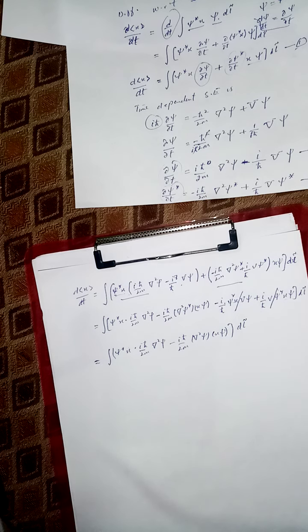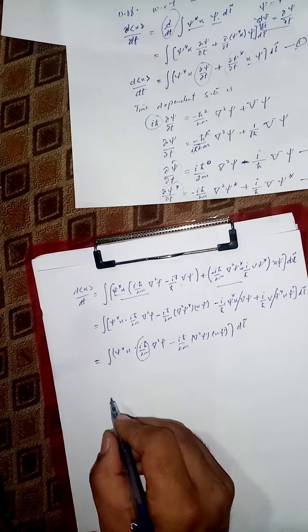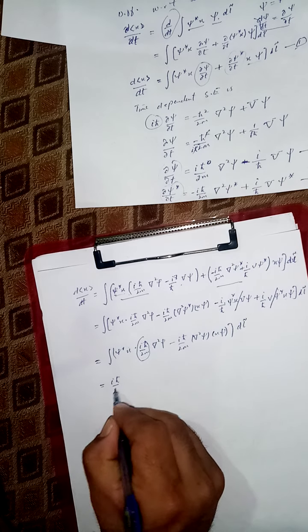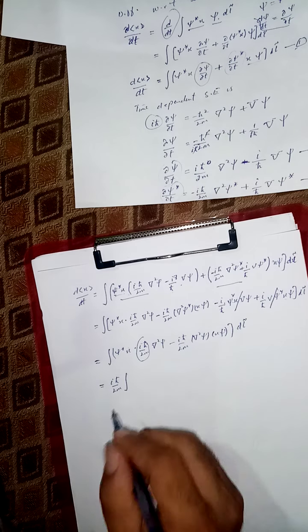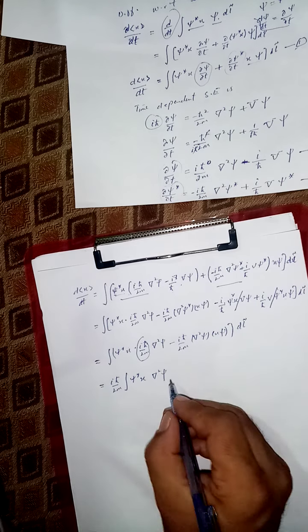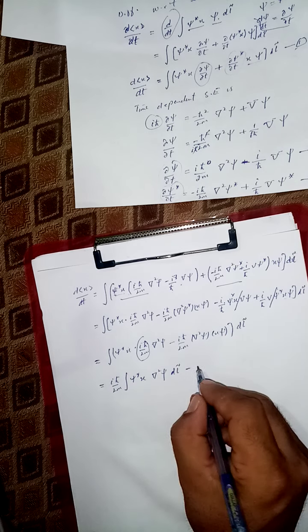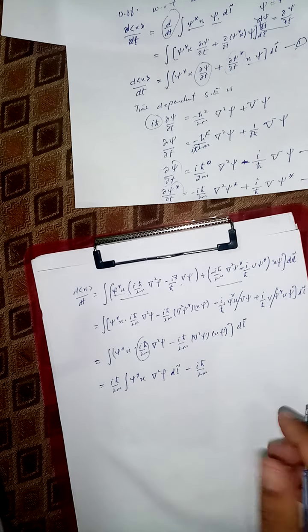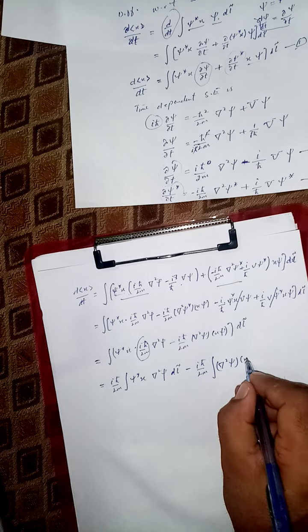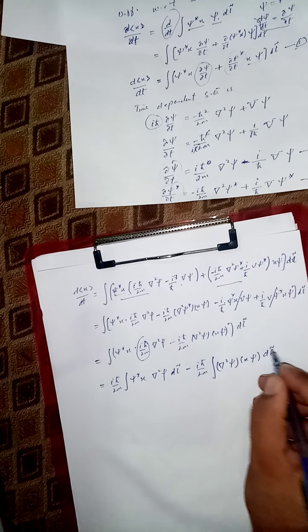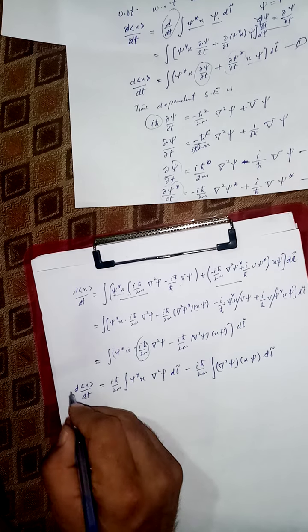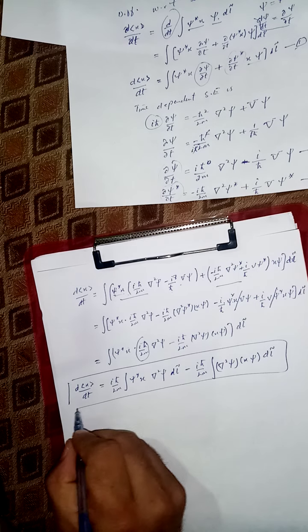If I bring this iħ over 2m outside and apply this integral separately to these two factors, we have iħ over 2m integral of ψ* x ∇²ψ dτ, minus iħ over 2m integral of ∇²ψ* xψ dτ, which is dx over dt. Let's say this is equation number 4.